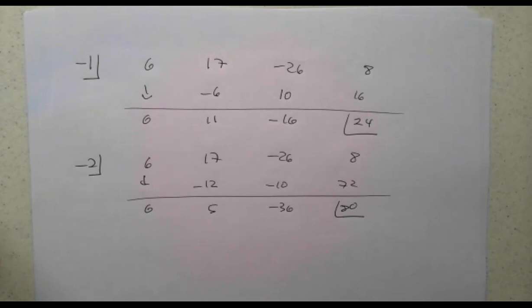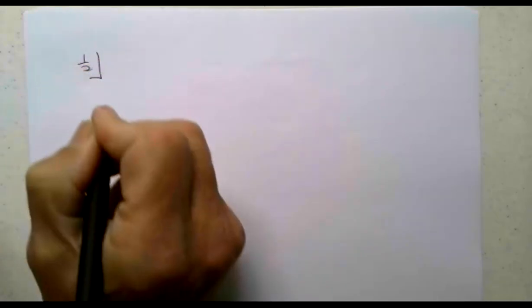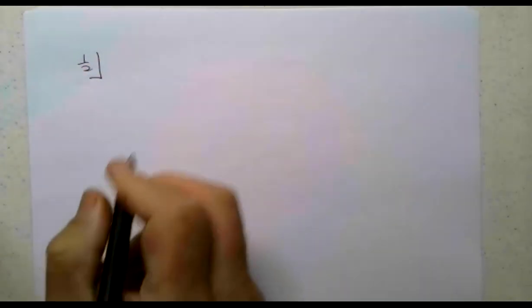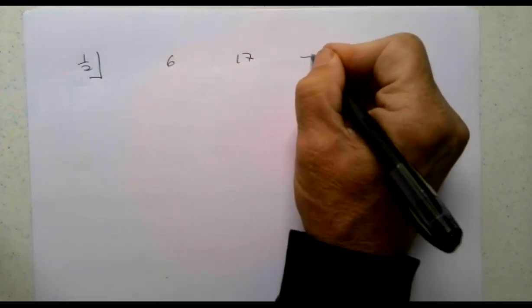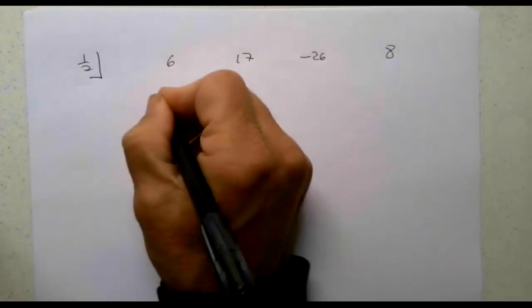So I don't know. What do we do? Do we keep trying? Nothing bigger than 2 is worth trying, so let's try 1/2 maybe. See if that works. What are our numbers? 6, 17, negative 26, and 8.